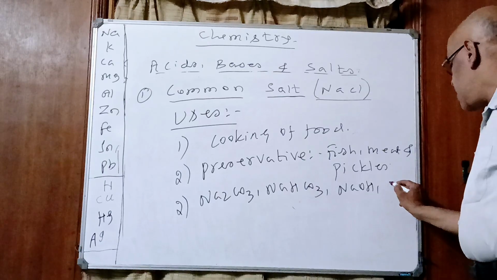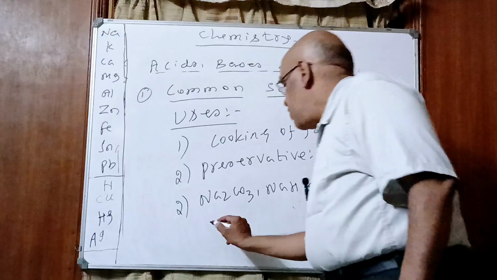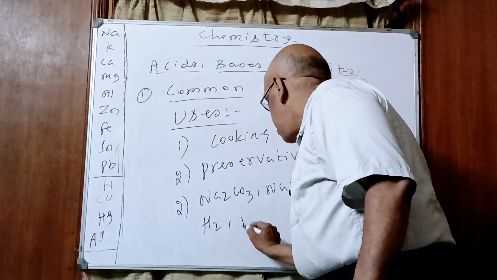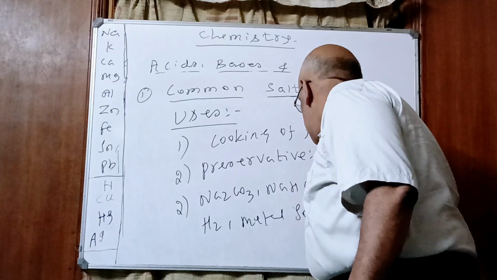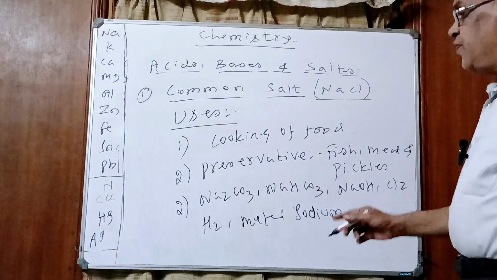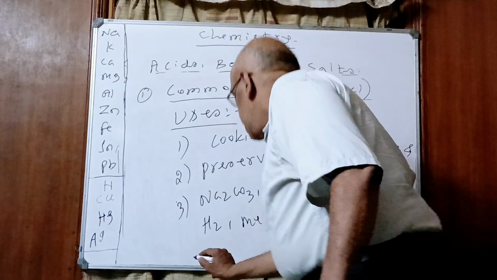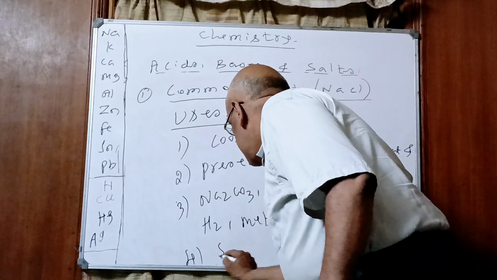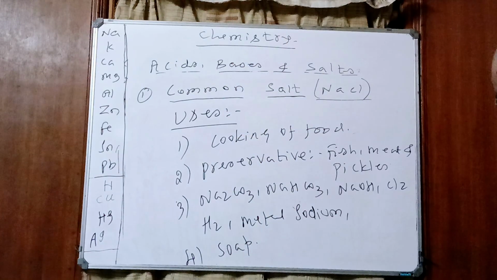In the making of chlorine, in the making of hydrogen, in the making of the metal sodium. This is the third use of common salt. Also, it is used in the manufacture of soap, children. These are a few important uses of common salt.